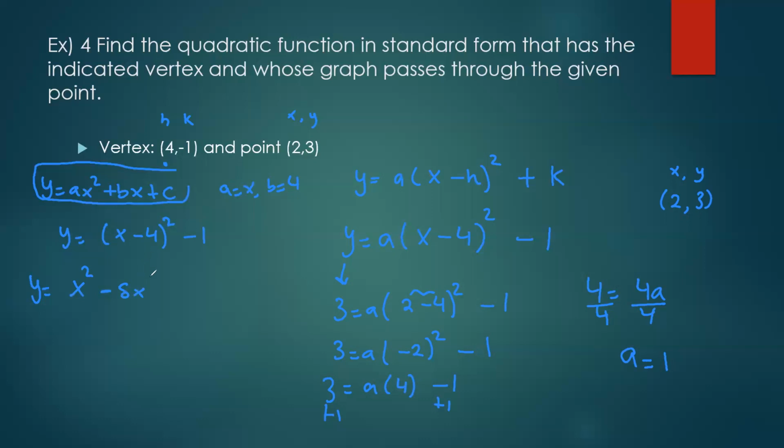Yes, negative 8x plus b squared, so that would be 16, minus 1. So that's x squared minus 8x, and then 16 minus 1 is 15. There you go. There's the final answer in standard form.